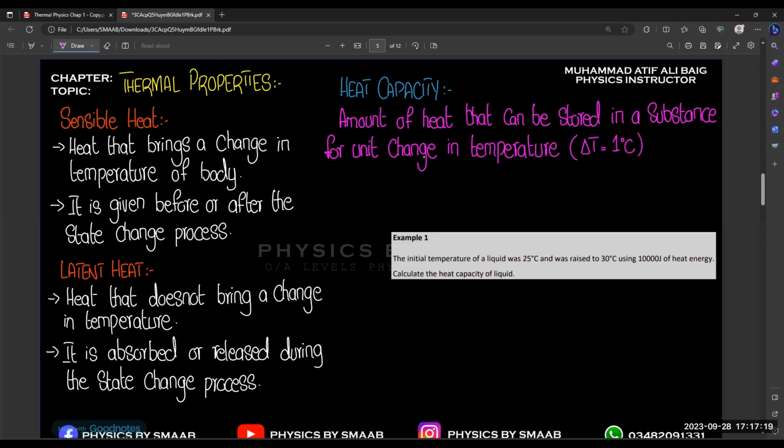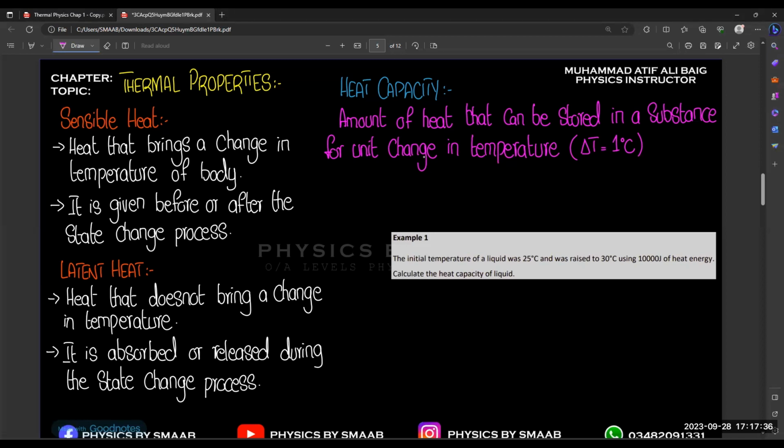So basically, if you compare different states of matter, like solid or liquid, we can compare solid and liquid in our daily life very easily. And you all know that a spoon will increase its temperature very quickly as compared to the water.